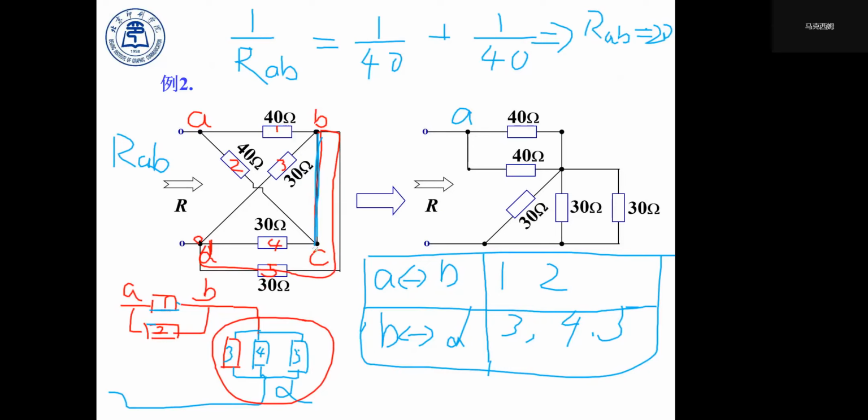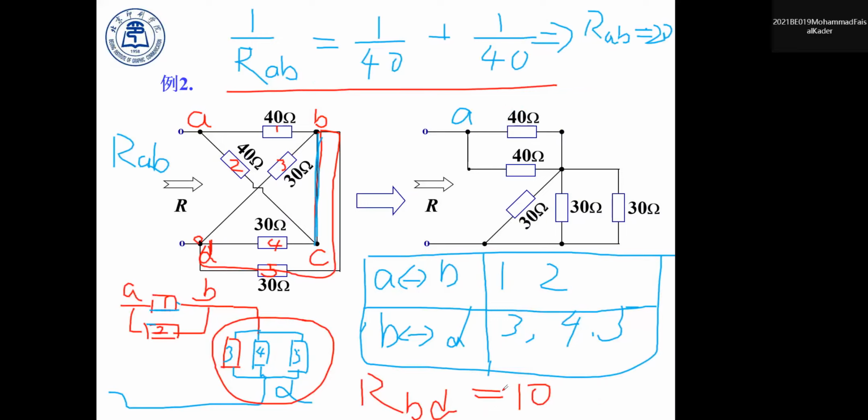So RBD is equivalent, and we could calculate that by using this calculation, right? The reciprocal of RBD equals the sum of the reciprocals, so it must equal 10. 10, yeah. So since then we can replace those two with one single resistance and those three with one single resistance.